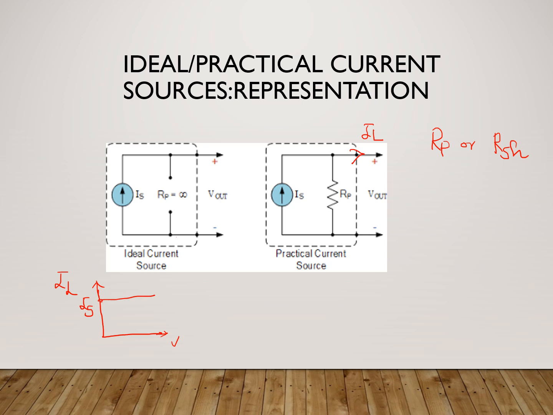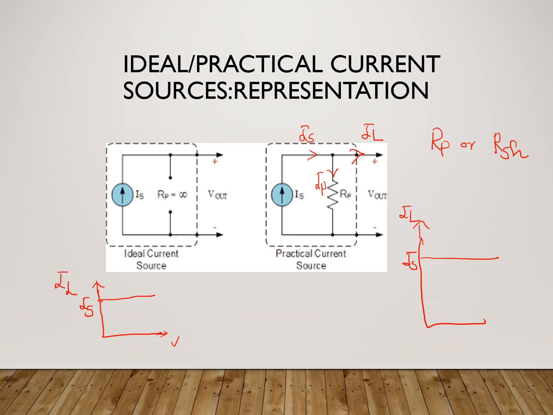Whereas in this case, if you plot it, this is the ideal current, which is the maximum current. IL should ideally have been equal to IS, but depending upon the value of your shunt resistance, some of the source current splits into the parallel resistance, and the remaining part goes to the load side.